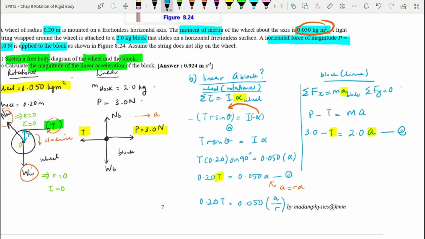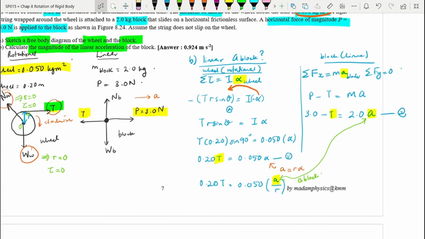Kenapa tiba-tiba A of the block pula dalam equation wheel? So dalam rotation, okay, dalam rotation, kita tahu kita akan ada juga pada masa yang sama linear acceleration. So linear acceleration ini dia sama exactly dengan linear acceleration of the block sebab dia orang connected. So that is basically linear acceleration of the block.